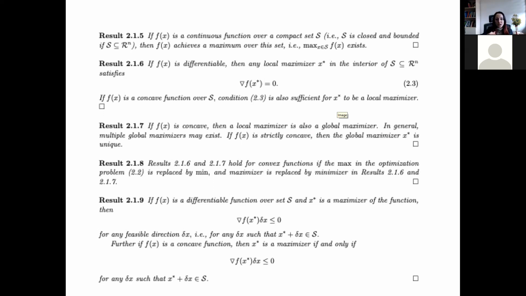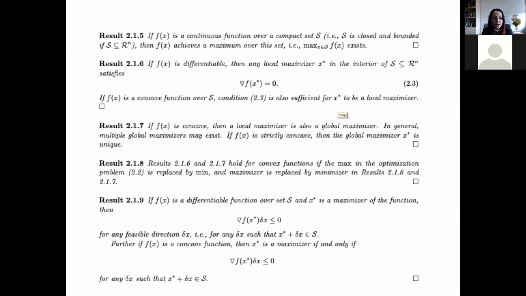When a function is concave, then you can easily find the maximum by finding the point that satisfies zero gradient. Similarly, when a function is convex, meaning cupped looking up, you can find the unique minimizer by finding the point with zero gradient.